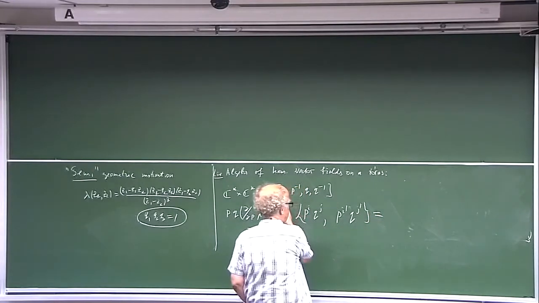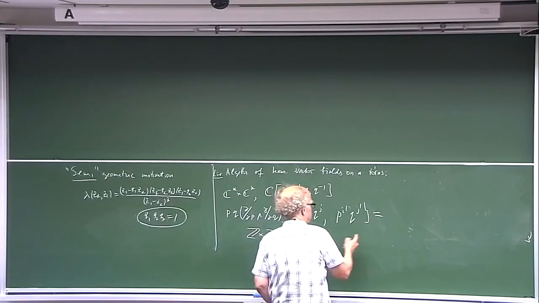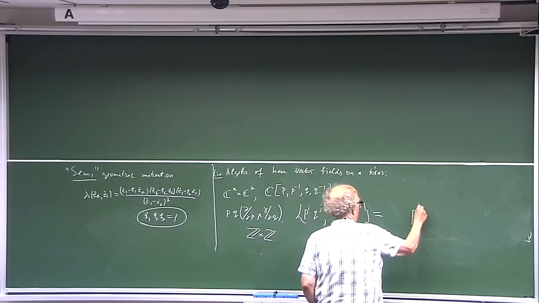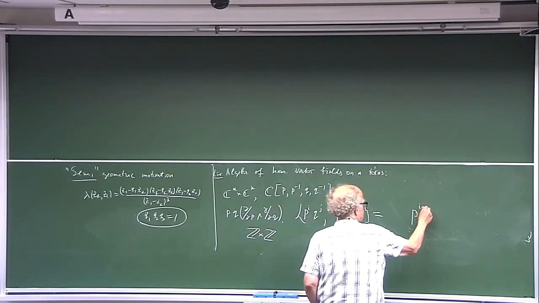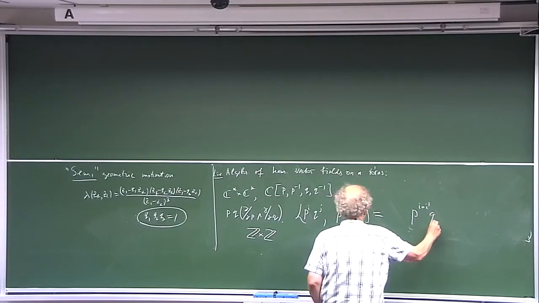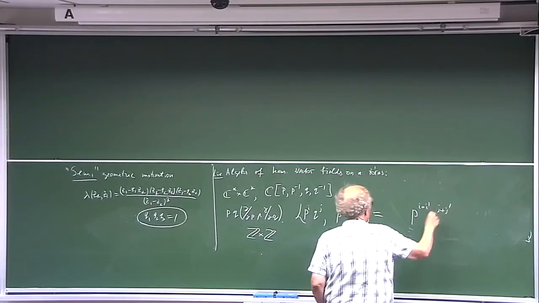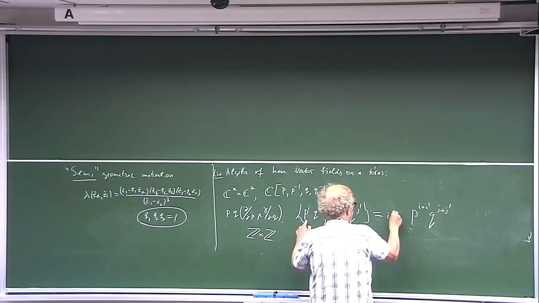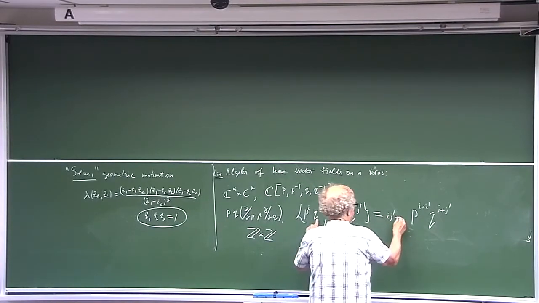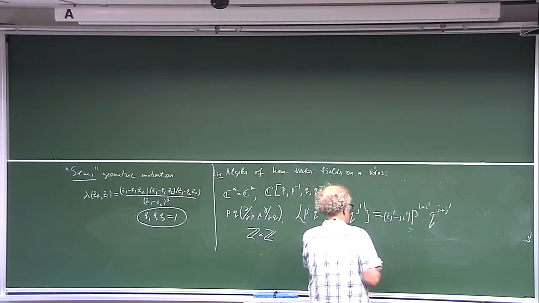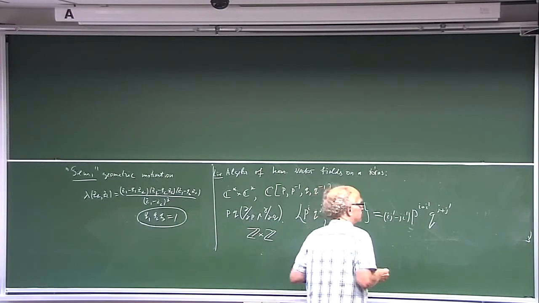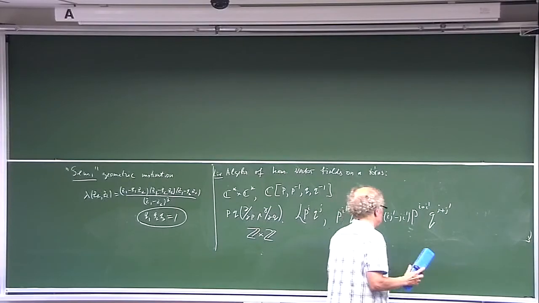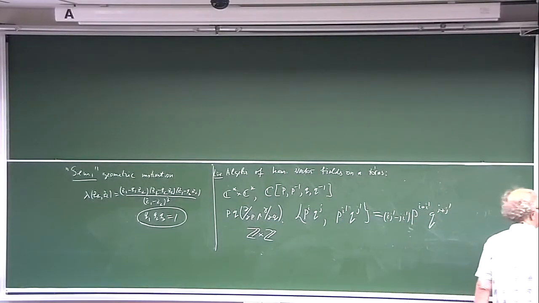And according to this, it is P^(i+i') Q^(j+j'), and here we have the factor ij' minus ji', like this. It is the algebra, rather simple.